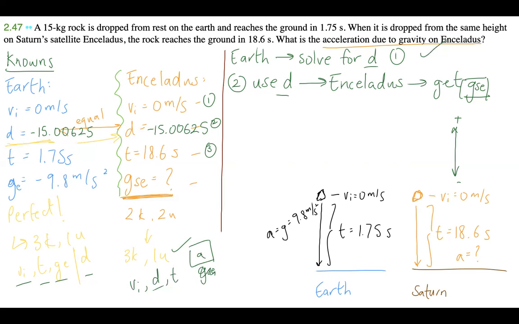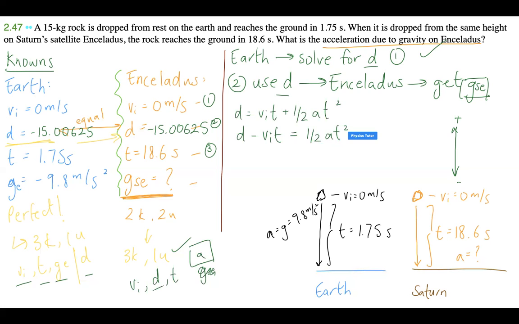So let's write that down. D is equal to VIT plus half of AT squared. And we want to solve for A. So let's isolate for A. D minus VIT is equal to half of AT squared.